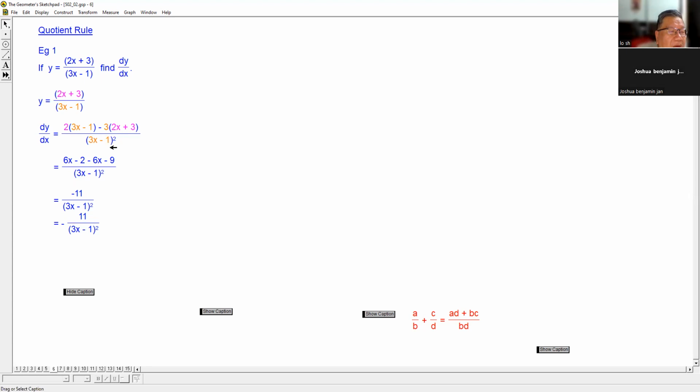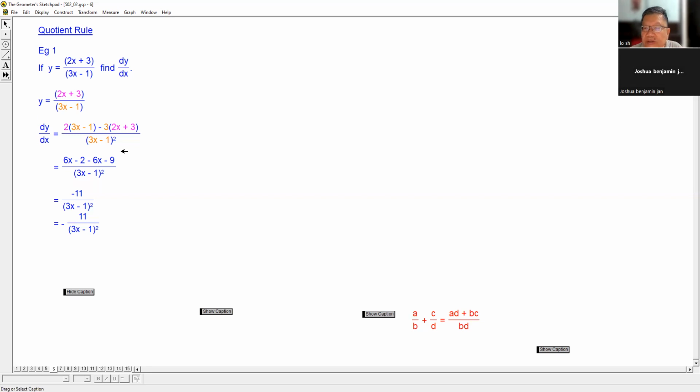Then the bottom, you have to write down the denominator square. Whatever that is at the bottom there, you square it and put it at the bottom here. Okay, right. So now I proceed. Pink color and orange color.